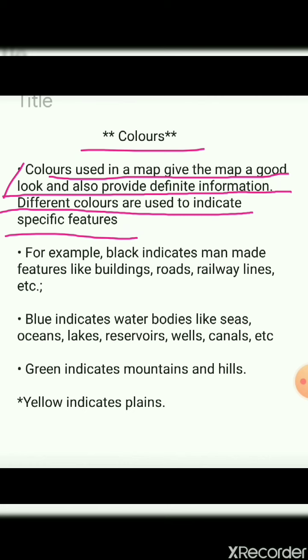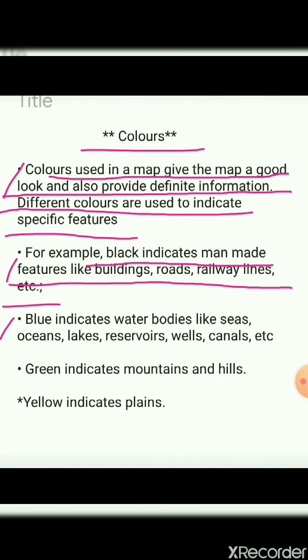They are used to indicate what? Specific features. For example, black indicates man-made features like buildings, roads, railway lines, etc. If black color can be seen more, it is man-made, that is buildings, roads, railway lines, etc.